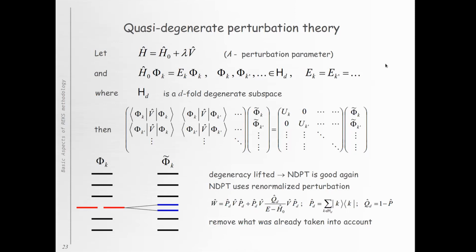This diagonalization will, of course, introduce already some energy shift. You can imagine for two electronic configurations that the lowest eigenvalue will be below any of these two, and the highest eigenvalue will be above any of the diagonal energies here. So this is the concept of quasi-degenerate perturbation theory.